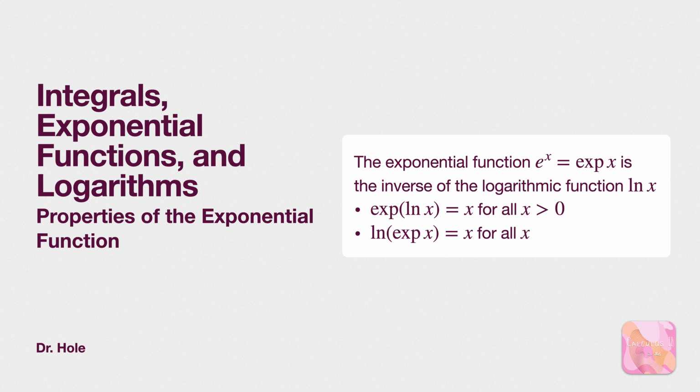Okay, a little bit of notation. e to the x, we can equally write down as exp of x. e to the x is the same thing as exp of x. Okay. Now, this e to the x, or exp of x, is the inverse to the natural log.